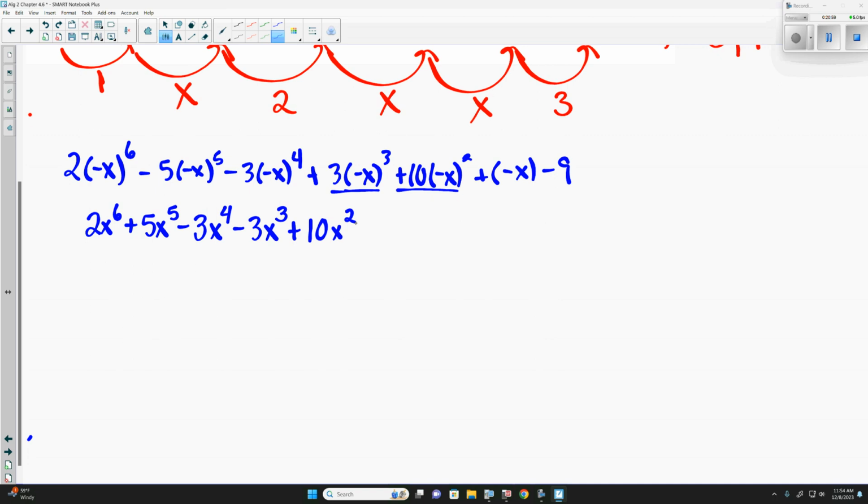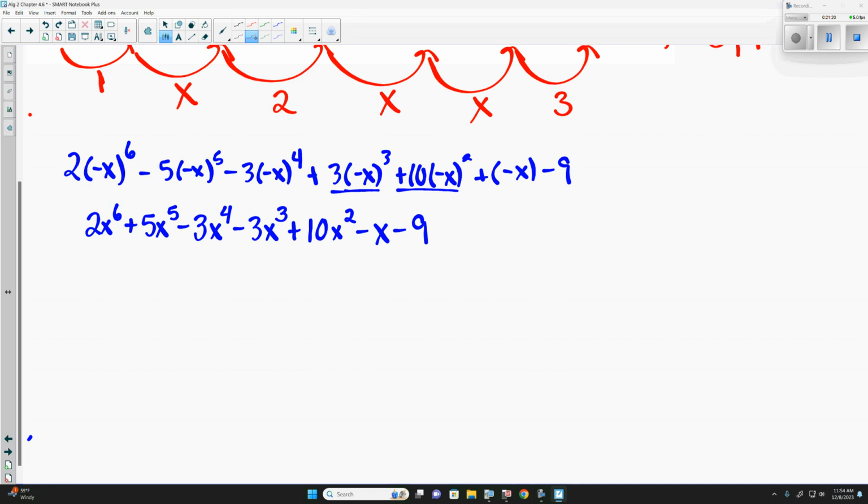Our next one, plus negative x, is going to go from positive to negative because the exponent, even though it's not written as 1, 1 is odd, so the sign changed. And then we just have our constant term.